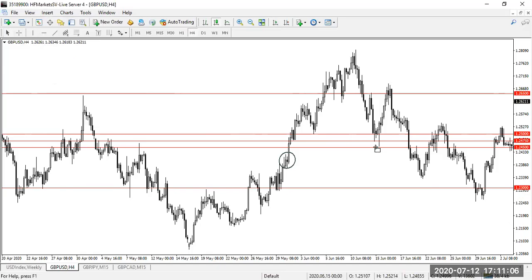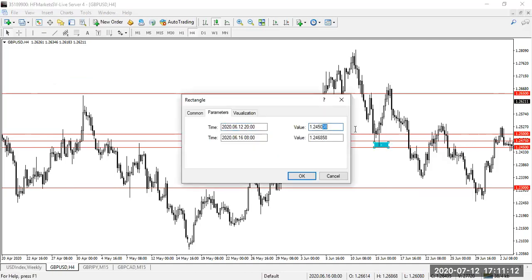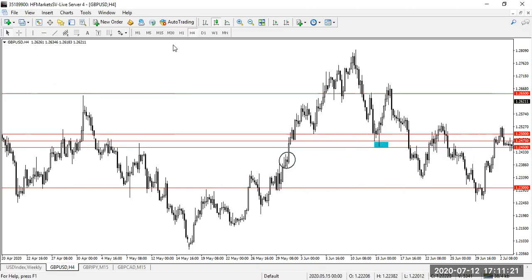When I said that 24.50 should be our provisional stop hunt, sorry, 24.70 is our entry, and then 24.50 is our stop loss.